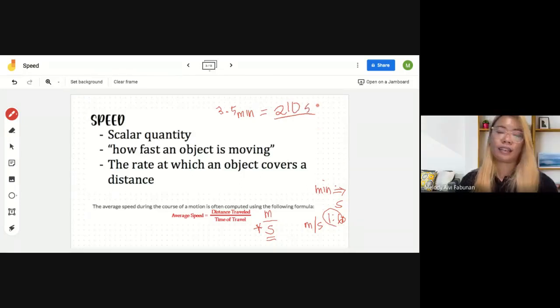Let's have another activity. This time I will be opening the chat box, so that some of you can type in your answers in the chat box. Let's convert 7.3 minutes. What is the equivalent in terms of seconds?